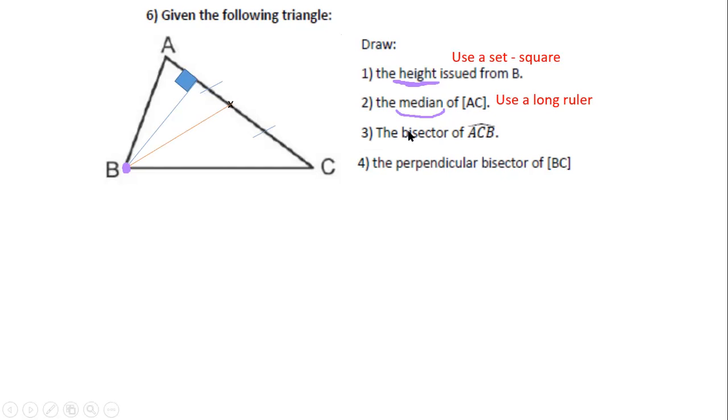Now I will move to the bisector of angle ACB. Yes, Larissa. Yes, Miss. I stop at the word bisector. To draw a bisector, which ruler do you use? A protractor.